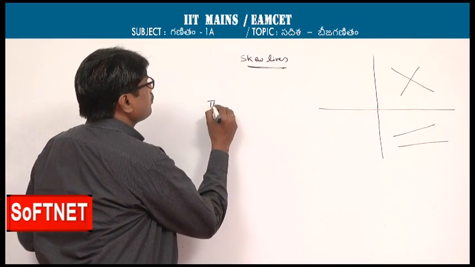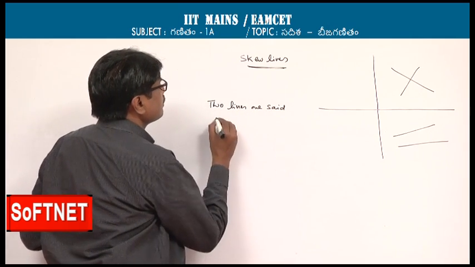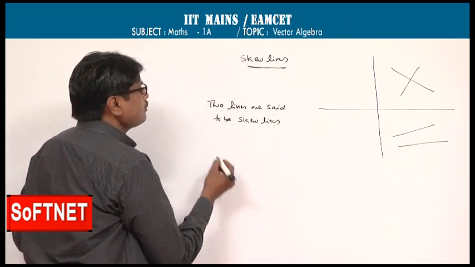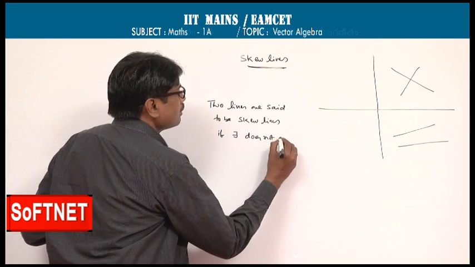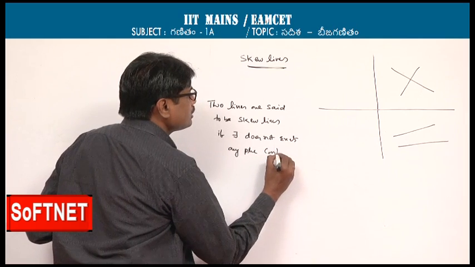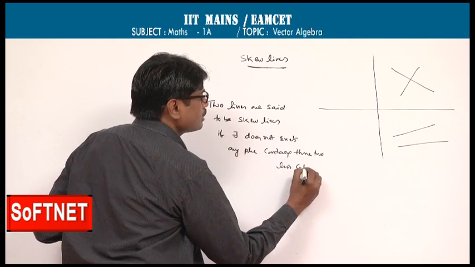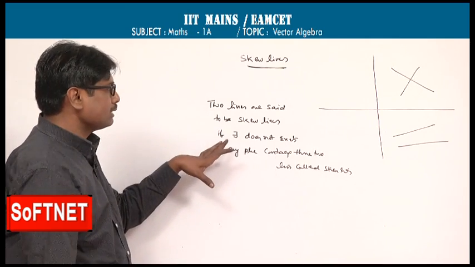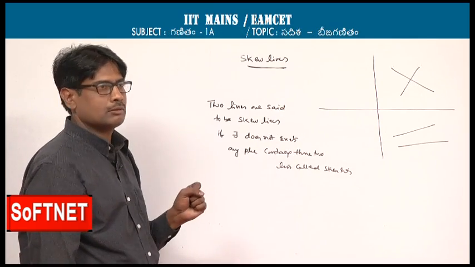Two lines are said to be skew lines if there does not exist any plane containing these two lines, they are called skew lines.